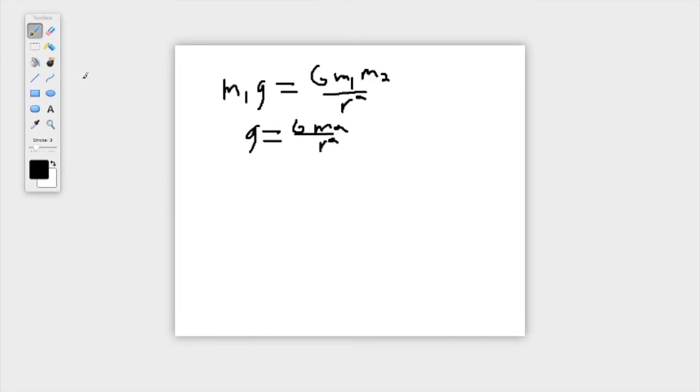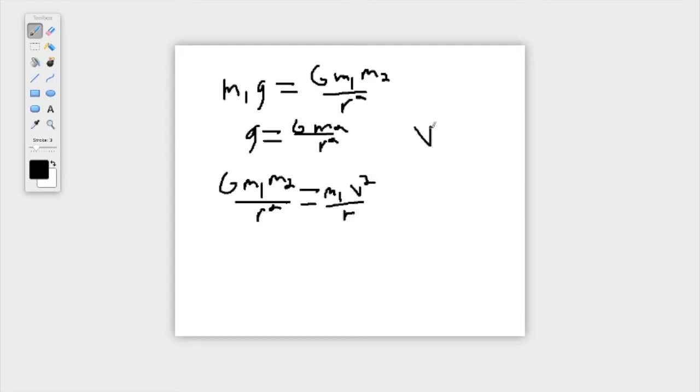Also, we can find other things like the period. If we have our centripetal force set equal to the law of gravitation, m1 v squared over r.